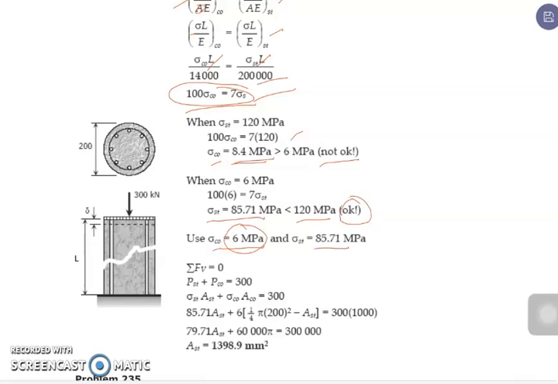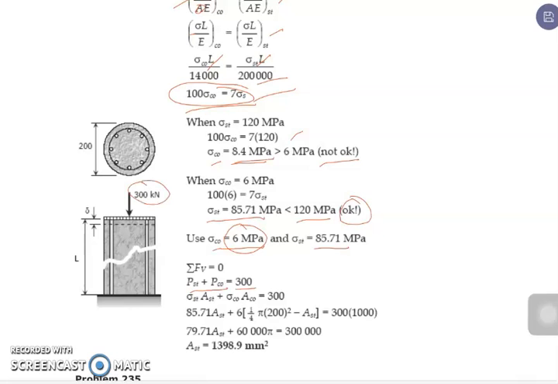Therefore, we substitute now to our equation, which is summation of vertical forces equal to 0. So we have here our force on the steel plus force on the concrete is equal to 300 kilonewton, the applied load.